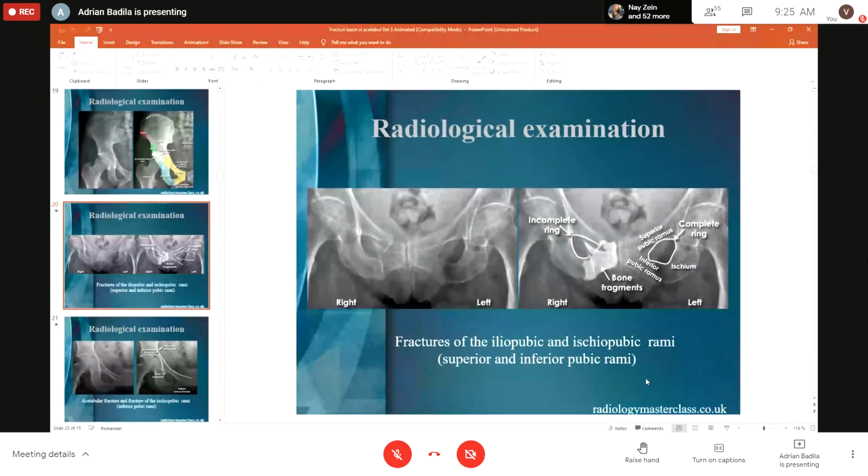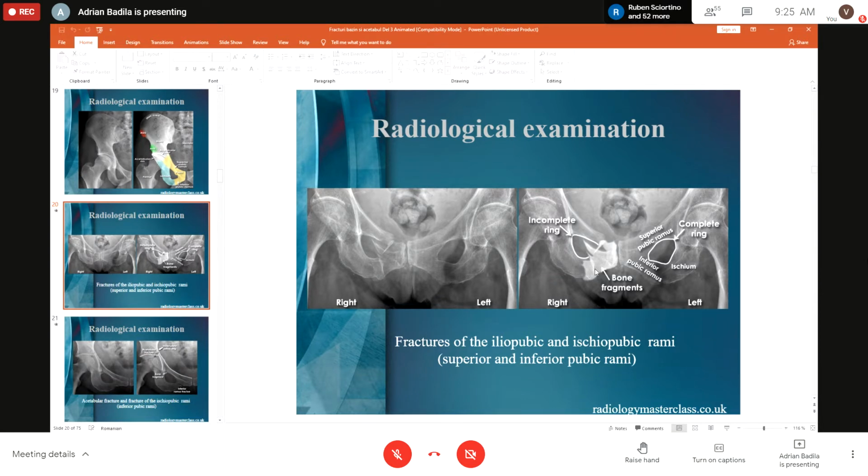Okay, let's see some X-ray views with fracture. We have an antero-posterior X-ray view of the pelvis, and we have a number of fractures here. We have here a fracture of the ischiopubic rami, and here another fracture of the iliopubic rami.